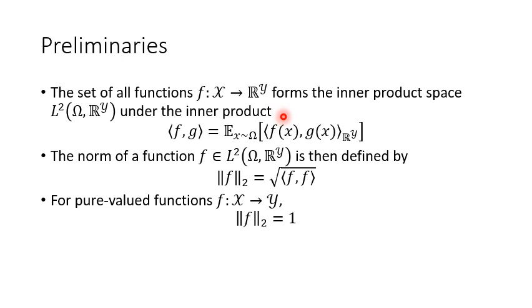So we will just multiply 0 by itself many times, and multiply 1 by itself one time, sum everything up, so we'll just get 1. So all in all, this inner product will be 1, and the L2 norm of pure valued functions is 1, and we will actually use this identity many times in the next few slides.